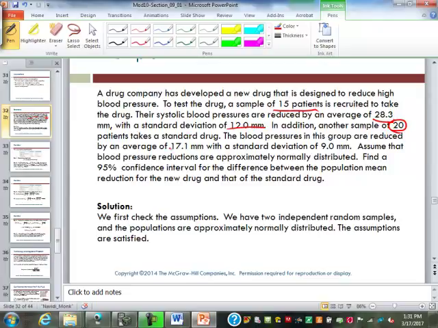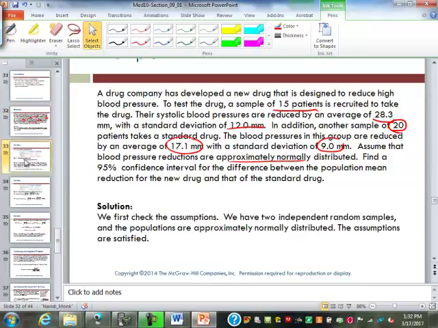This group is reduced by an average of 17.1 with a standard deviation of 9.0. So we're looking at the reduction in blood pressure. Assume that blood pressure reductions are approximately normally distributed. That was big: we had to assume they're approximately normally distributed, then we don't have to worry about the sample sizes being small. So find a 95% confidence interval.